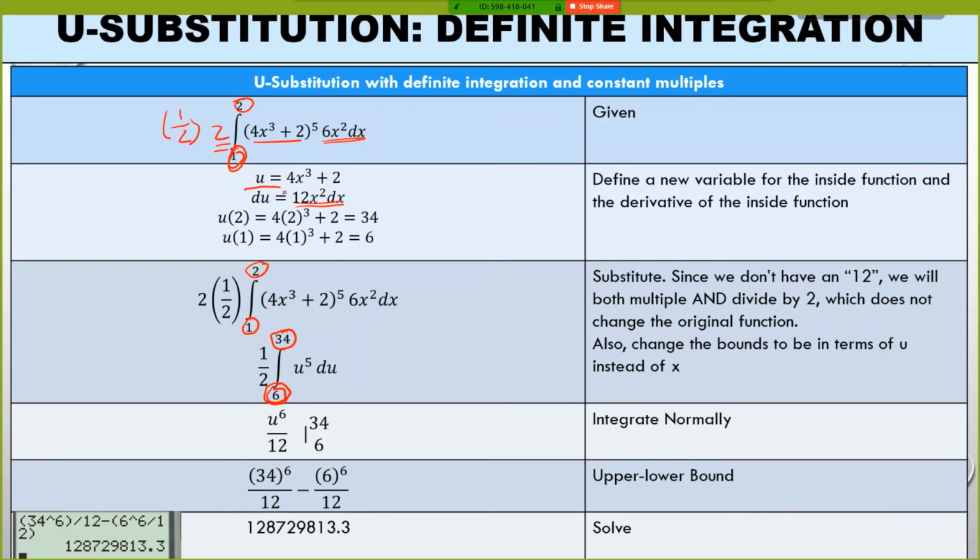Okay, then we can make our substitutions for our u and u prime. My u is my inside part, 4x cubed plus 2, so that'll become u to the 5th power instead. And then my du is 12x squared, the 2 times the 6x squared, will become du. Any questions on our substitution?